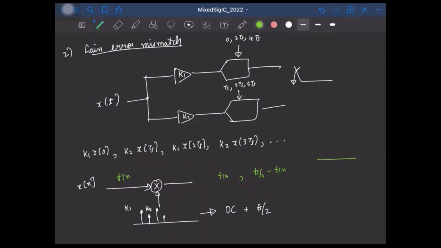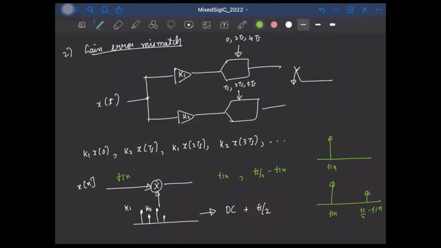So even though your input had only one tone, at the output, you'll have one at fin and one small tone around fs by 2 minus fin, right? So this is fin. Okay.